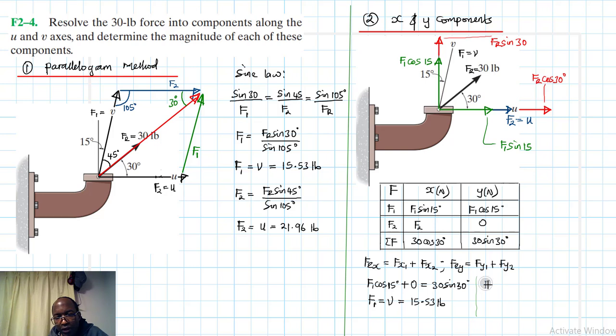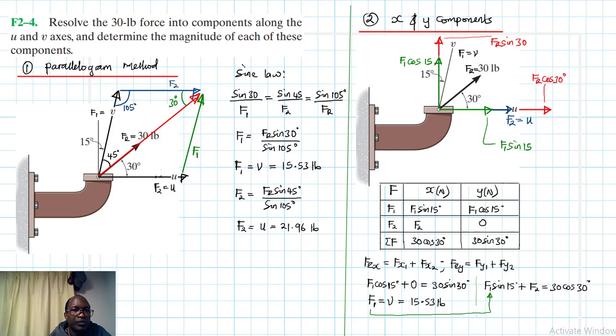So we have F1 sine 15 plus F2 equal to 30 cos 30. We've already found what F1 is, so we can feed it there.